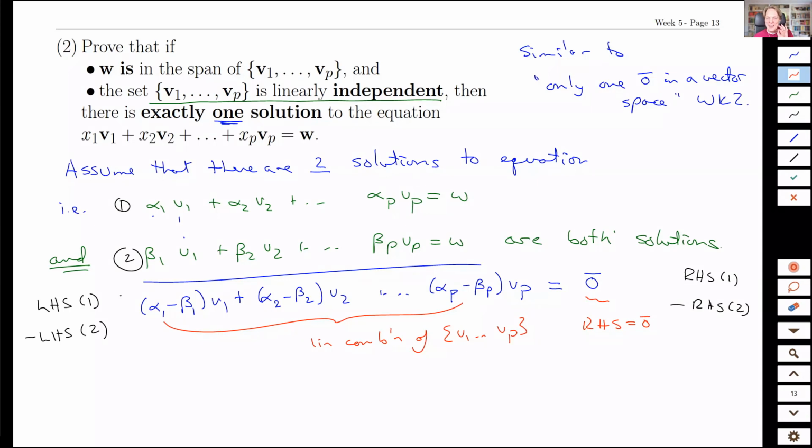There is exactly one solution to this. And here, solution means the set of coefficients that make this true. And that's exactly 0 for all those coefficients, because the set V1 to VP is linearly independent.